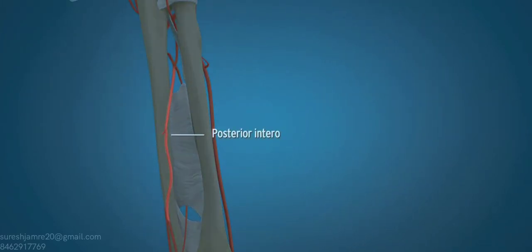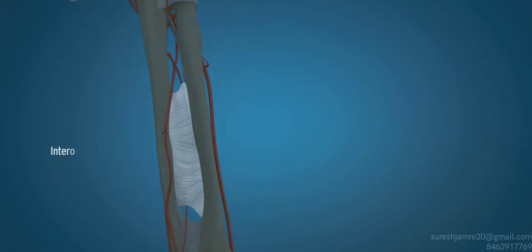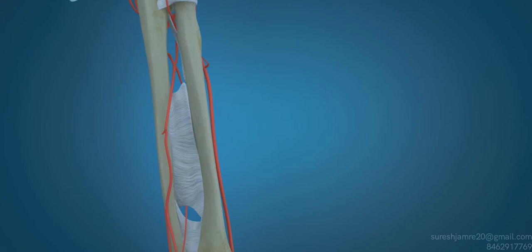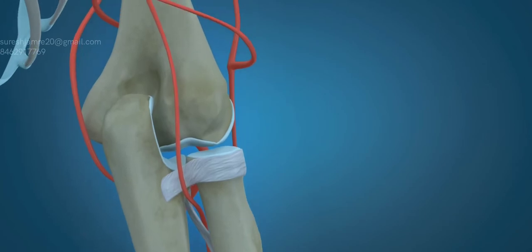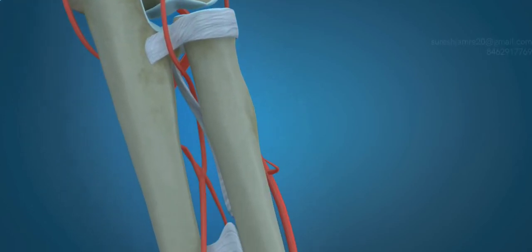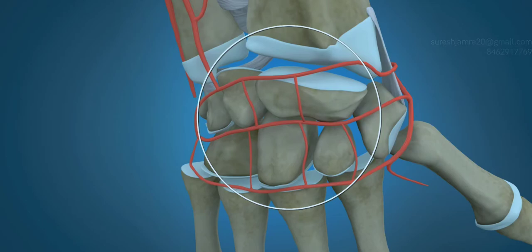The posterior interosseous artery originates from the common interosseous artery, branch of the ulnar artery, and passes posteriorly over the proximal margin of the interosseous membrane and into the posterior compartment of the forearm. It contributes a branch, the recurrent interosseous artery, to the vascular network around the elbow joint. After receiving the anterior interosseous artery, the posterior interosseous artery terminates by joining the dorsal carpal arc of the wrist.